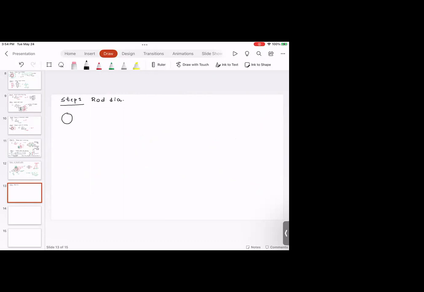If you look at the rod diameter, sigma t is equal to P divided by pi by 4 D square. Value of P is known, sigma t is given, so value of D can be found out.